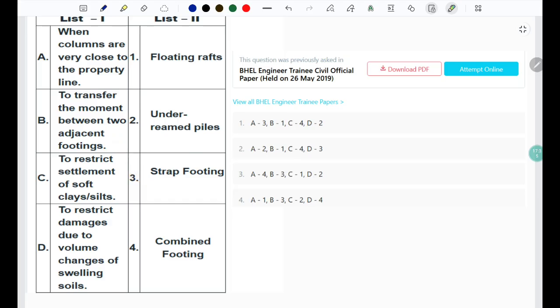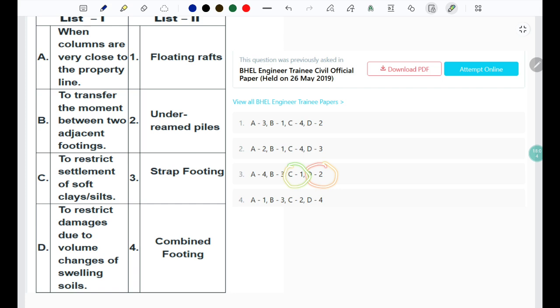We can go with strap footing, and then it says to restrict settlement of soft clays or silts, we go with floating or balancing rafts. And then it says to restrict the damages due to volume changes or swelling, we go with under reamed piles. So D is 2, that is for sure.